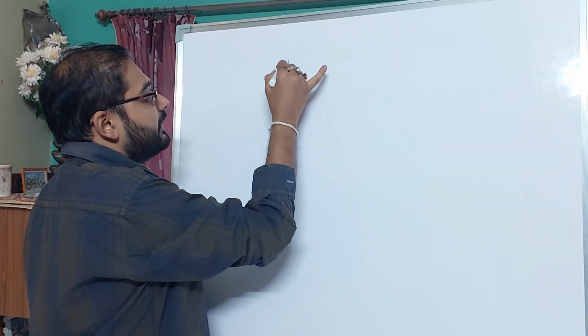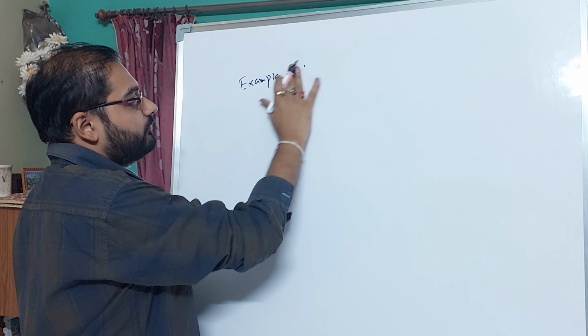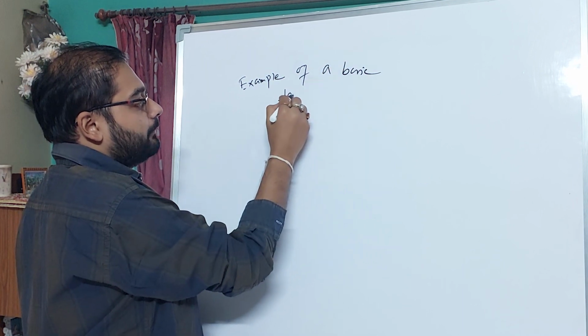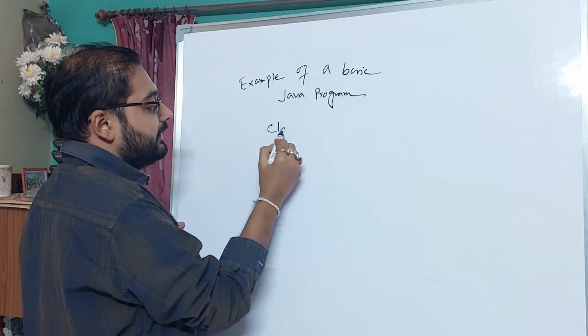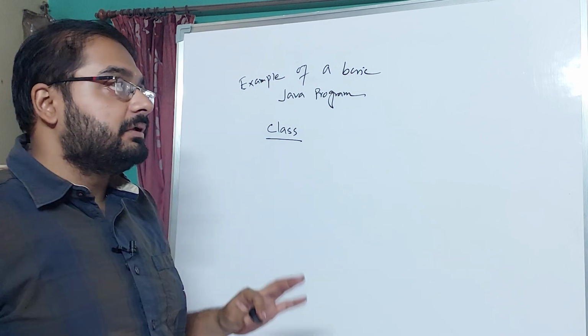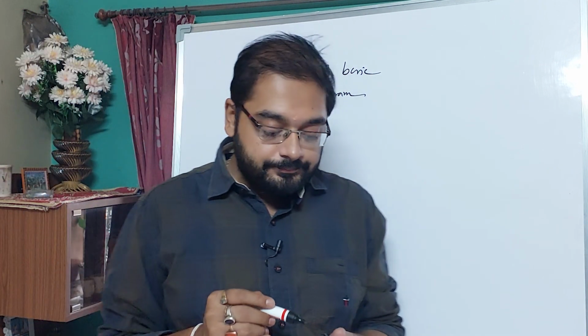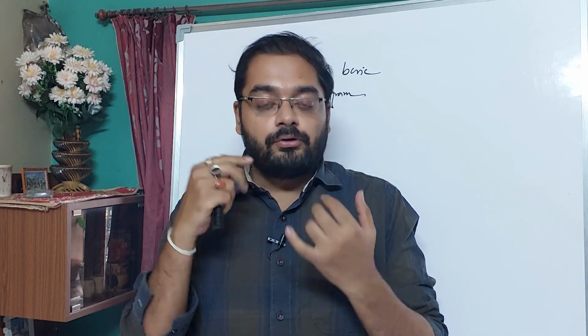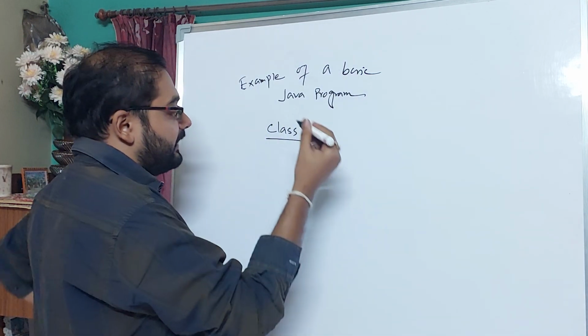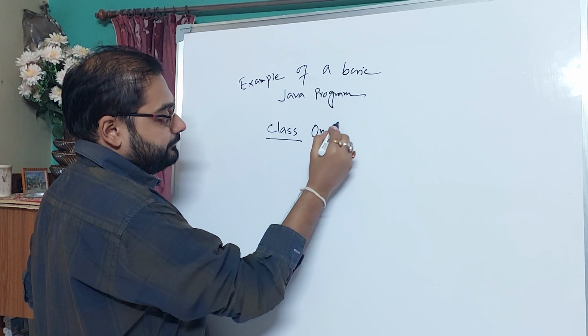Now here I write an example of a basic Java program. First one, that is class. In here, in the class example, I can write any type of name: class your name, class your school name, class 1, class 2, whatever. That is your choice. Class 1.